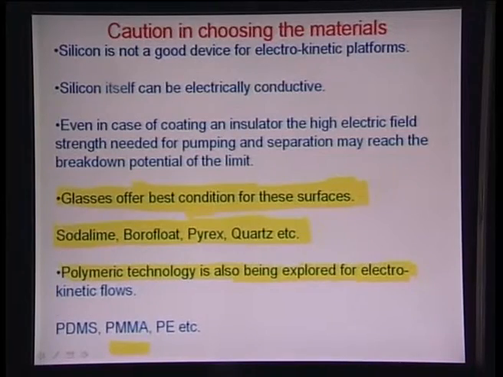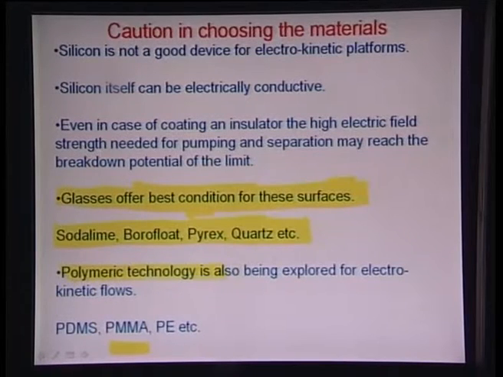So, whether it is silicon or glass, these techniques are very useful only because of the fact that this microsystems fabrication technology area has been very well developed. Polymers, as we know, also have a substantial amount of advantage, being biofriendly and flexible and amenable to fabrication techniques.